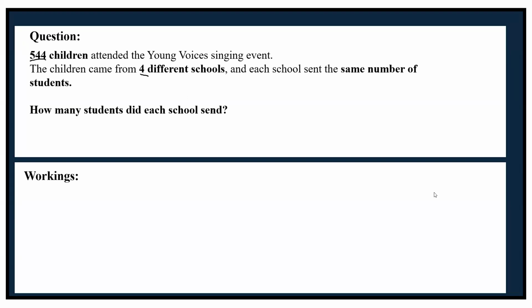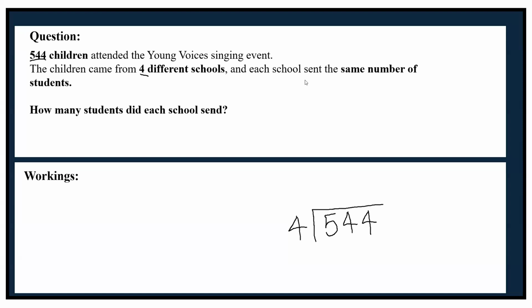So let's start with 544. 544 is the total children that attended this, and then 4 is the number you have to divide by, so the number of schools, how much they're split, how many people come from 4 different schools equally.